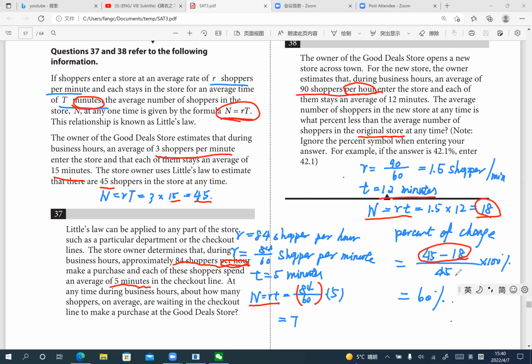Divided by the original store, times 100%, is the percent of change. After doing the calculation, the percent of change equals 60%. We should enter 60 according to the note.